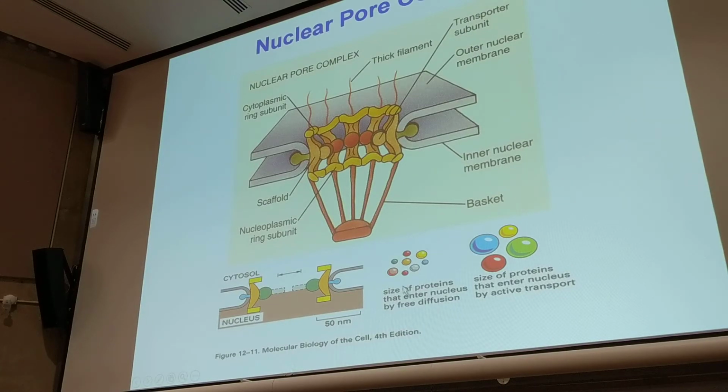Some of the proteins that enter the nucleus do so by free diffusion, the smaller ones, but some bigger ones require active transport.